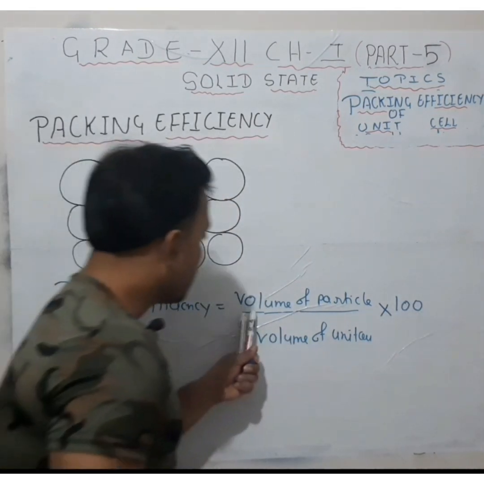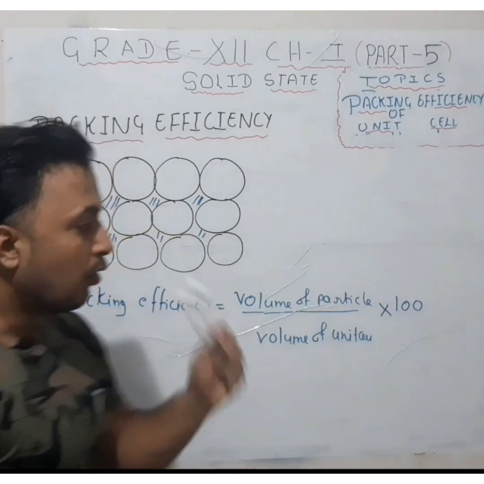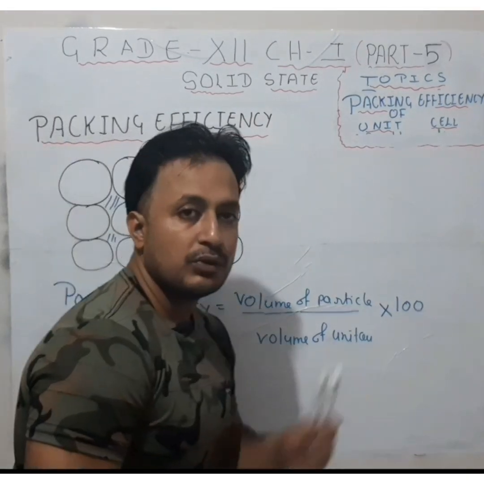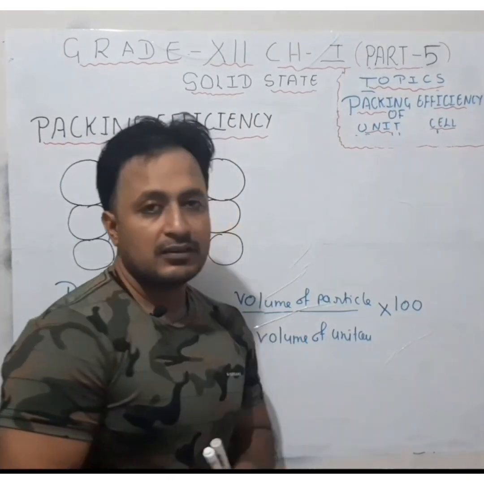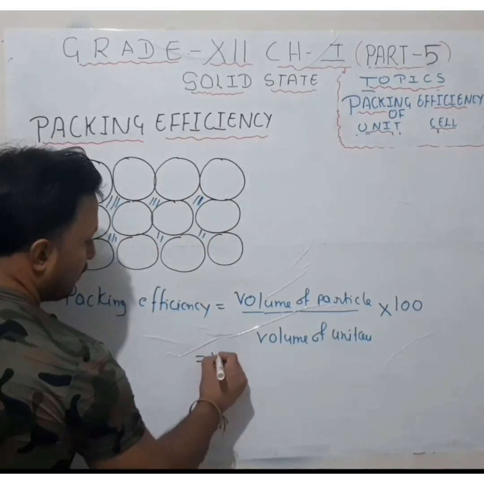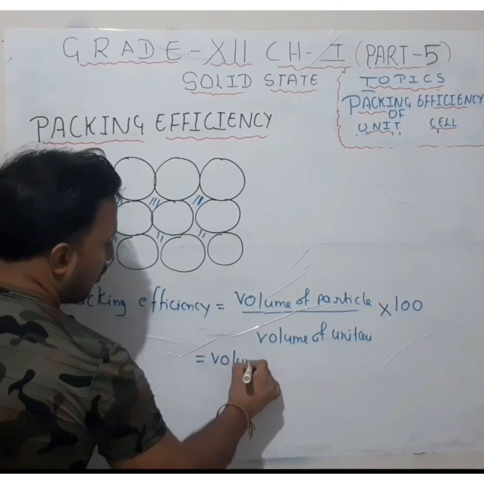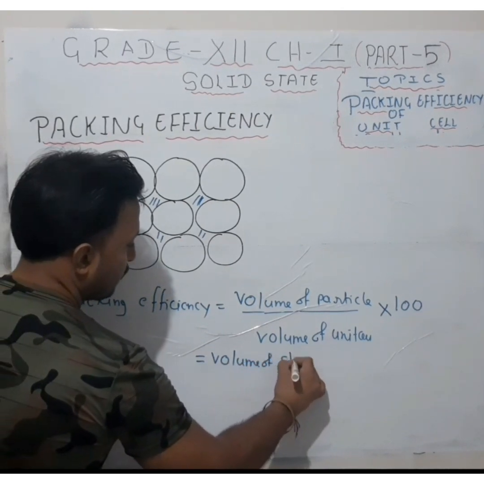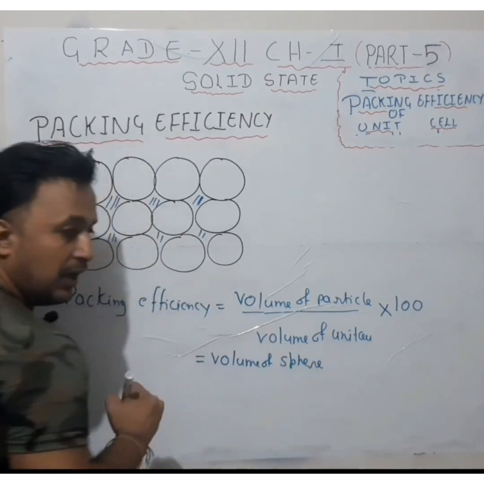Now when we are talking about the volume of particles, all the particles present in the unit cell, we are considering their shape as a sphere. So basically we are talking about the volume of a sphere.